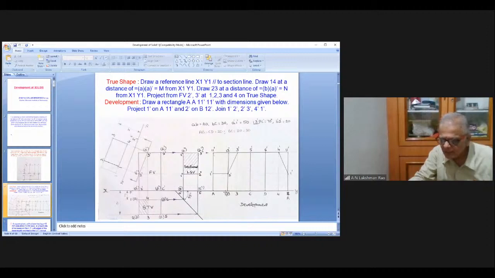From A, B, C, D, A, I get the perimeter. This is the perimeter and this is the height. So that is the surface area of the prism.